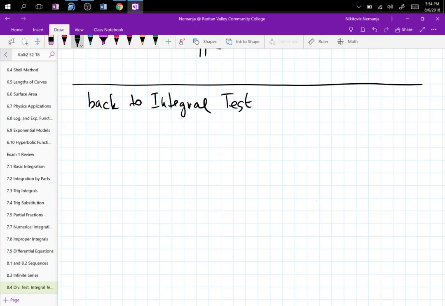So I want to go into the homework and find some of these problems that we can explore.